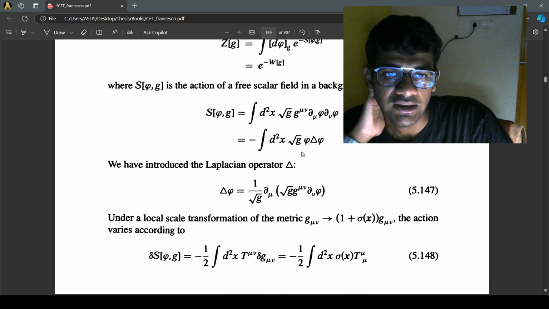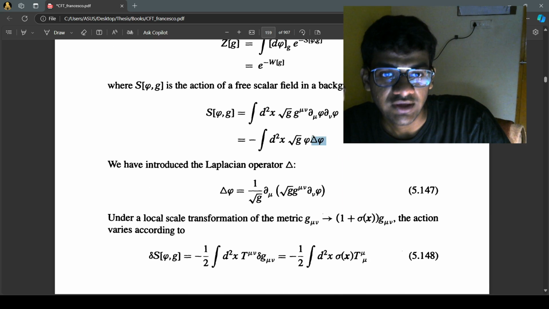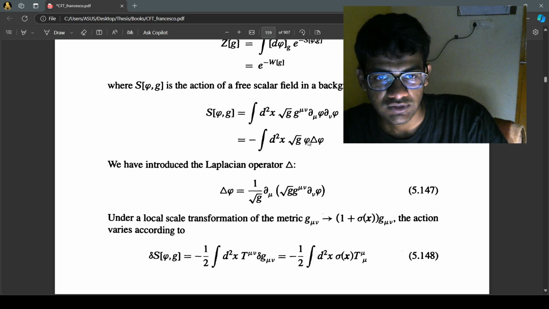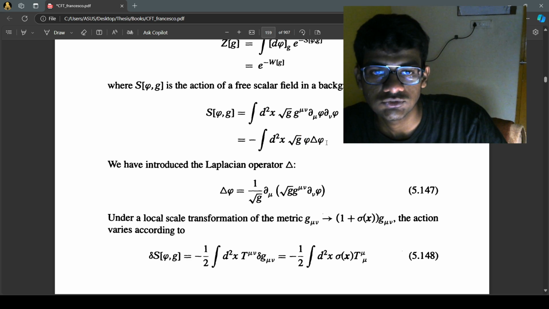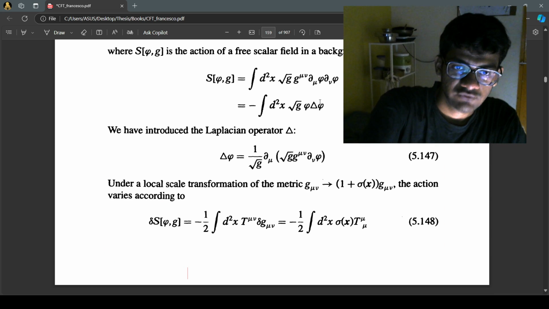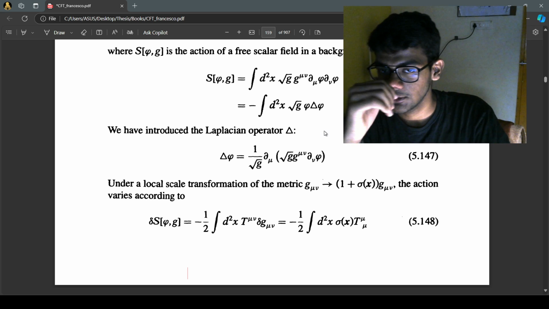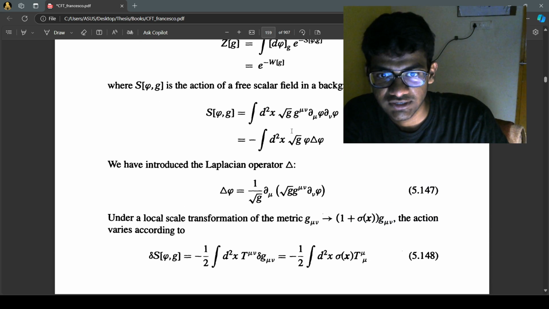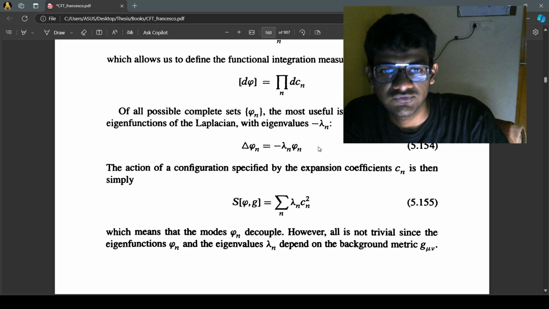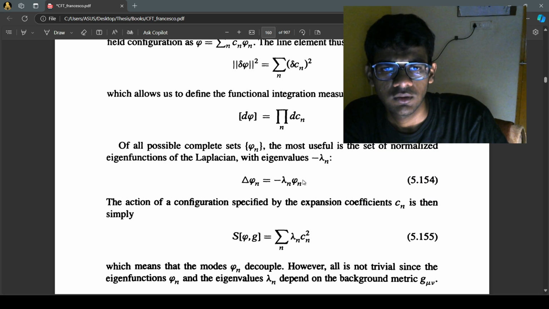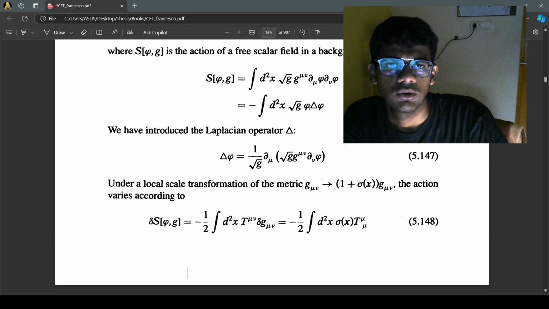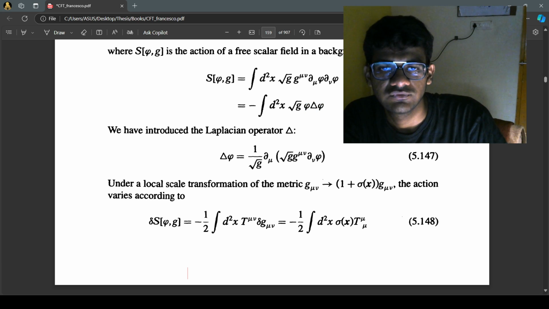Okay, let's go back. So this is phi delta phi. Phi you can expand in terms of cn and phi n, and again this also the same, cn and phi n, with delta in between. But delta phi, okay, the eigenfunctions, so lambda n phi n, and lambda n comes out.